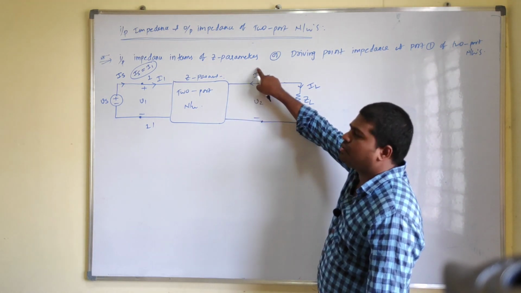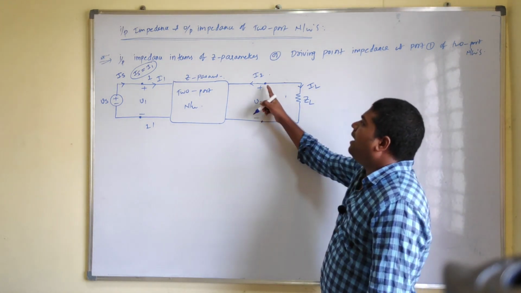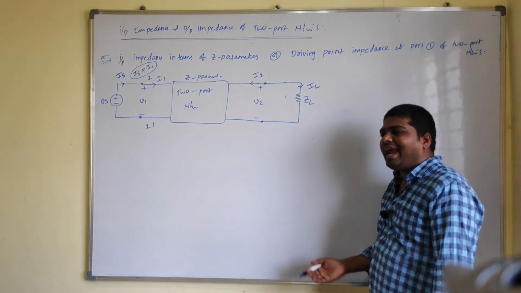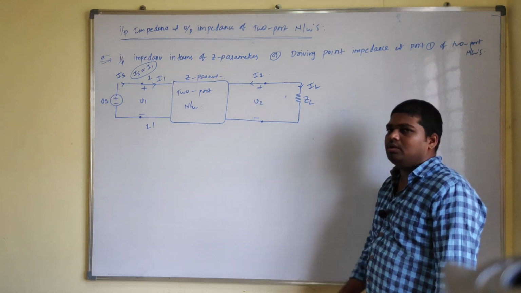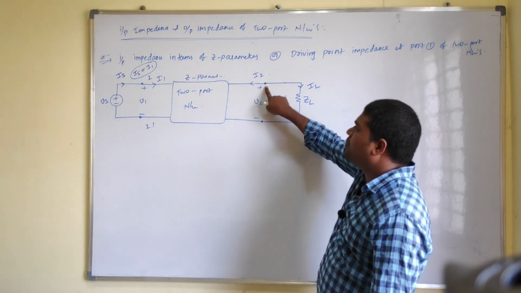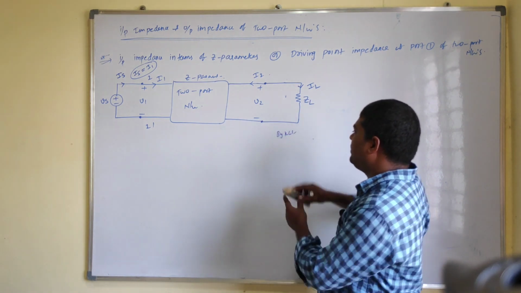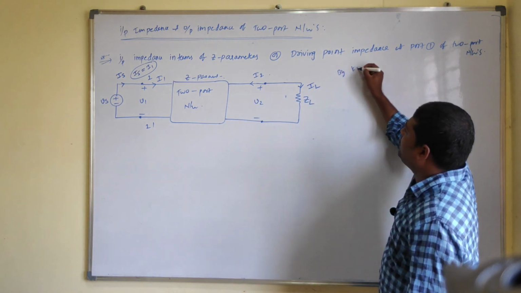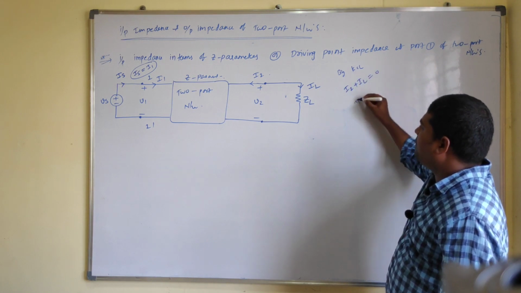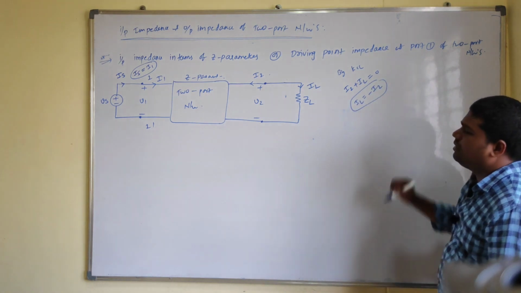Here the leaving current equals I2, and here also the leaving current equals IL. According to KCL, the sum of entering and leaving currents equals 0, but here all the currents are leaving this node. So by KCL, two leaving currents, I2 plus IL, equals 0. From that, IL equals minus I2.